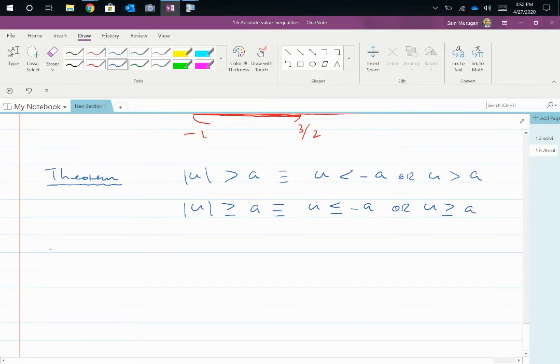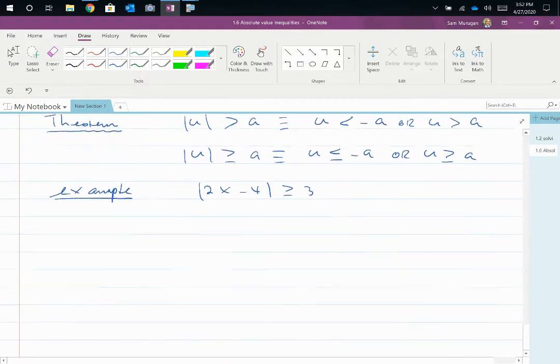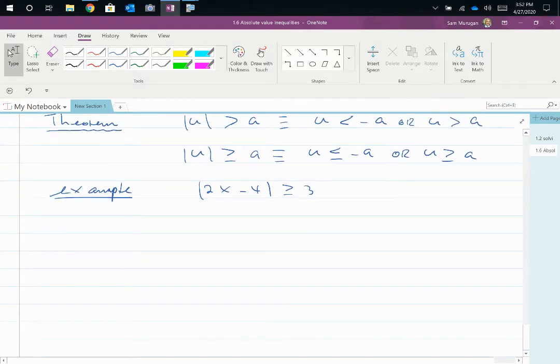So examples: absolute value of 2x minus 4 greater than or equal to 3. So we use our handy theorem and we say that 2x minus 4 is less than or equal to -3 or 2x minus 4 is greater than or equal to positive 3.